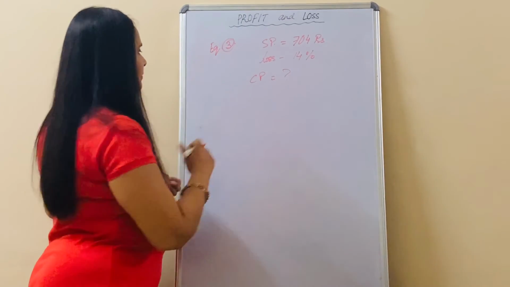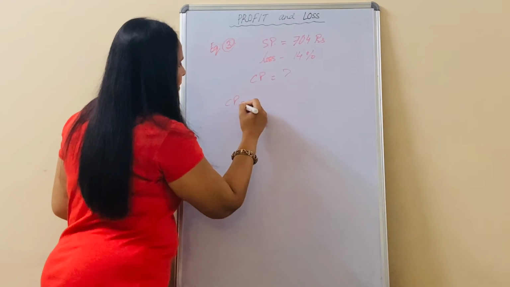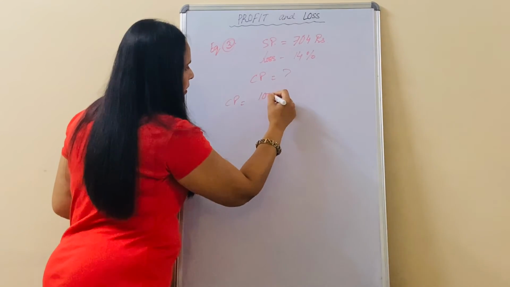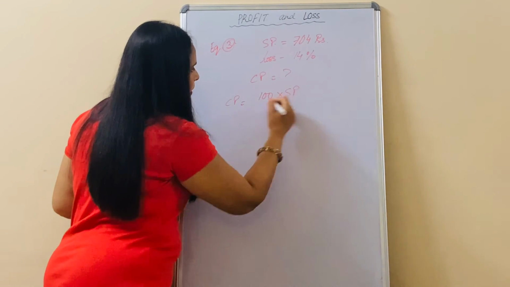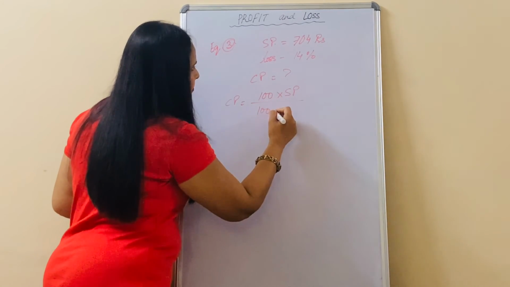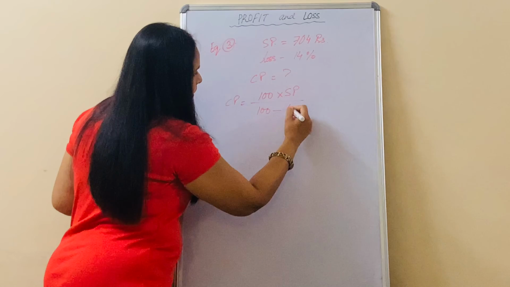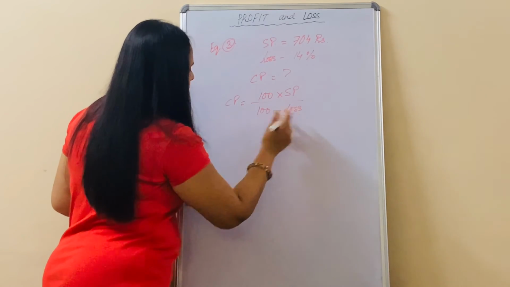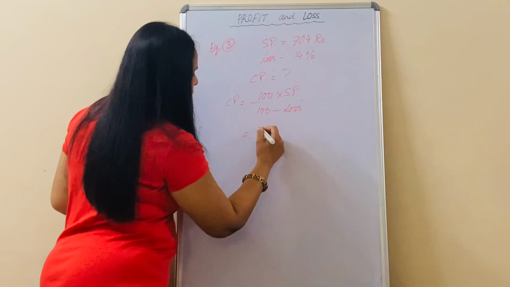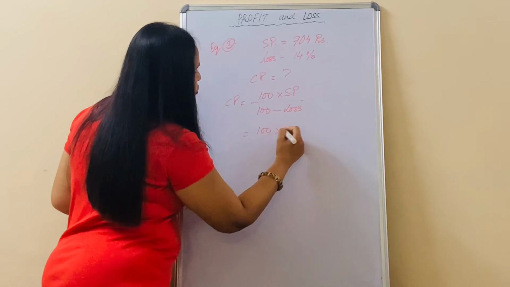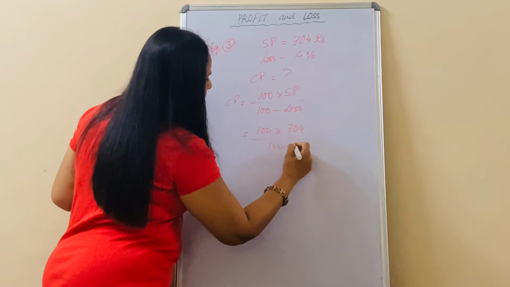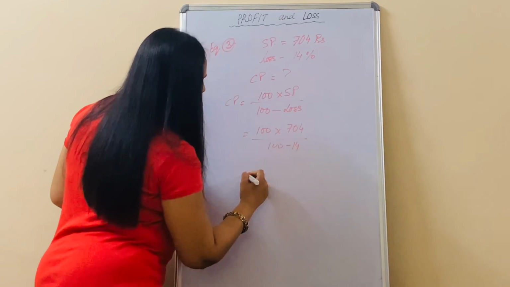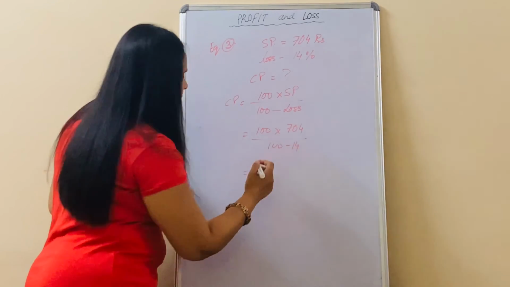Now again the same formula: cost price will be equal to 100 into selling price divided by 100 minus loss percentage, which is 14. So 100 into 704 divided by 100 minus 14. 100 minus 14 comes out to be 86.